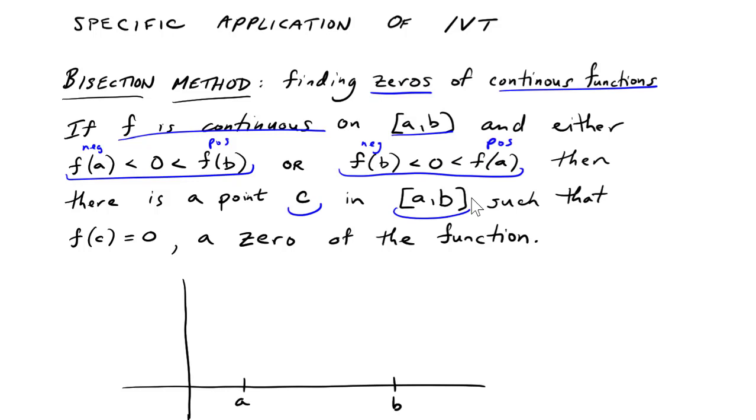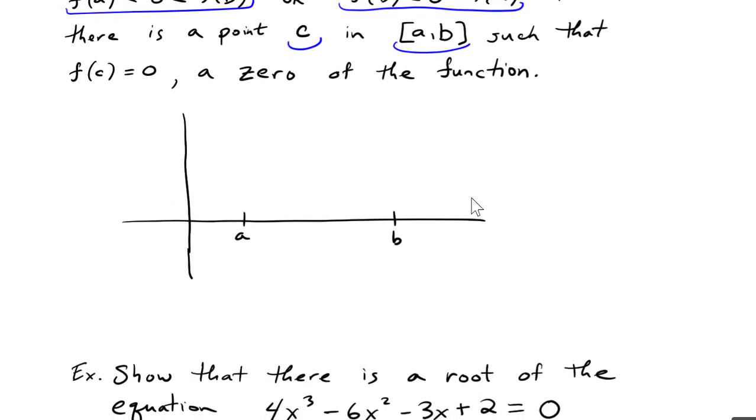All right, that may sound confusing, but let me try and point it out. Let me take one of the two cases. Let's say here is f of a. It's negative, below the x-axis. And here is f of b. It's positive. So there's f at a, there's f at b.